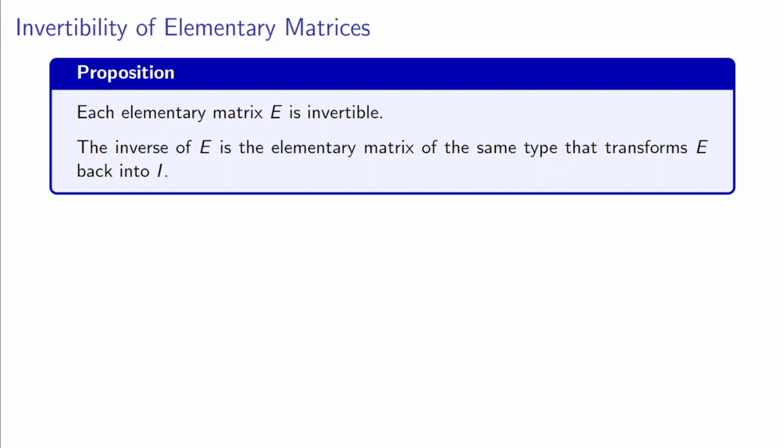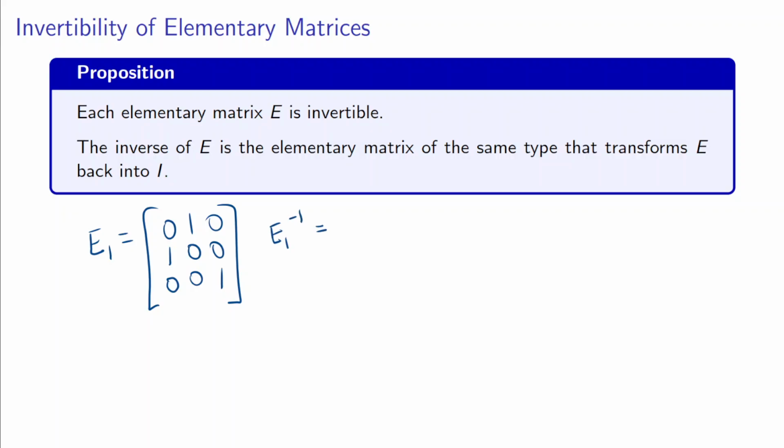Next one, each elementary matrix E is invertible, and specifically the inverse of E is the elementary matrix of the same type that transforms E back into I. So if we wanted to look at the inverse of, let's go with E1 from earlier, that was the interchange of the first two rows. How would we transform this back into the identity? I guess we'd have to re-interchange the first two rows again.